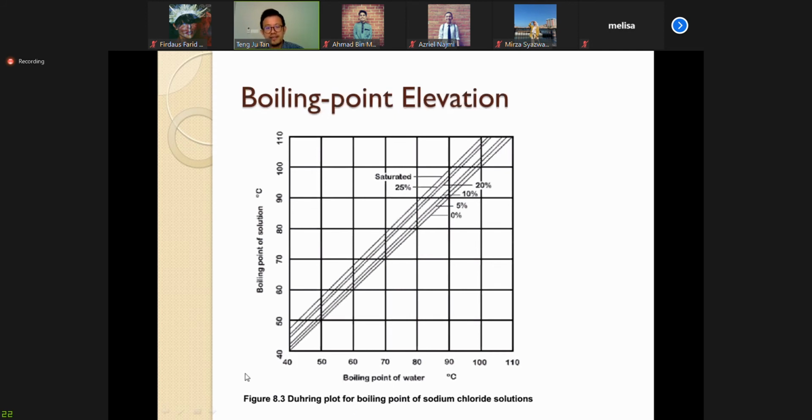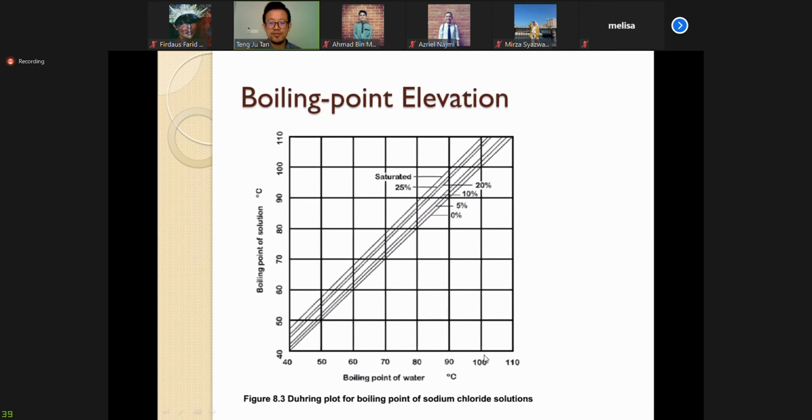So this is the Duhring plot. It's about the boiling points of two solutions. One is the boiling point of the solution that you want to know. The other is the reference solution, usually pure water. For example, the boiling point of water at atmospheric pressure we know is 100 degrees Celsius.